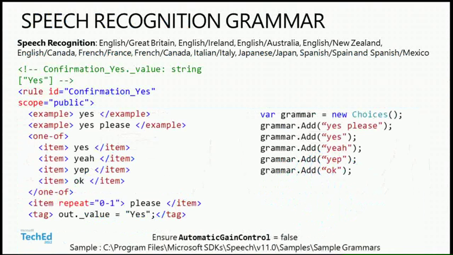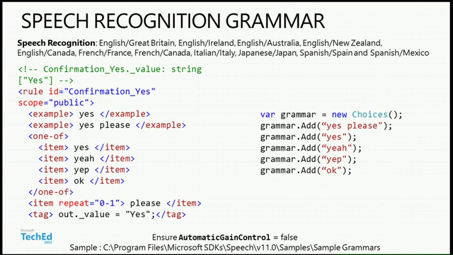Okay, so speech recognition. There are multiple ways of doing grammar, because it comes with the speech abilities. If you download the SDK, you get basic speech out of the box, but you can also download the Microsoft speech SDK to get some additional capabilities. On the basic side, it's as simple as doing it in code, where you see var grammar equals new choices.